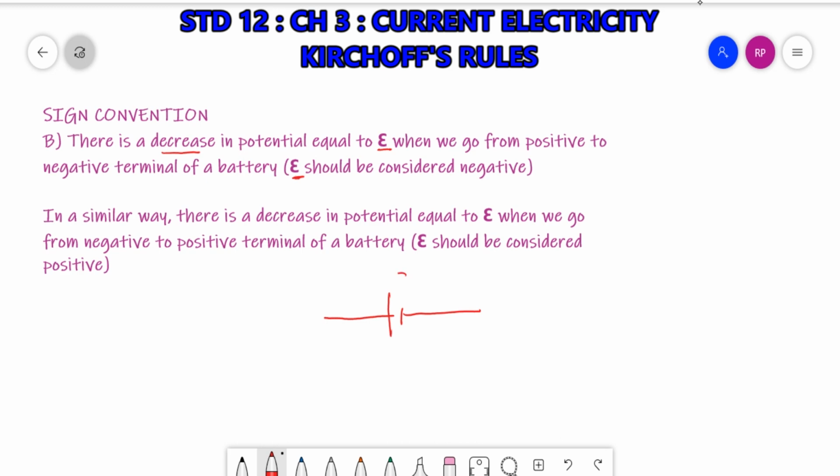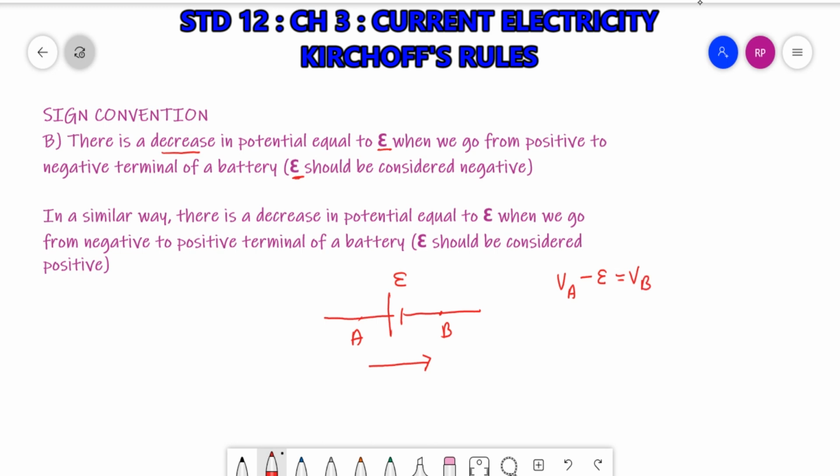Let the EMF of the battery be epsilon, with this point A and this point B. When we move from A to B, we consider epsilon as negative. I can write VA minus epsilon equal to VB.